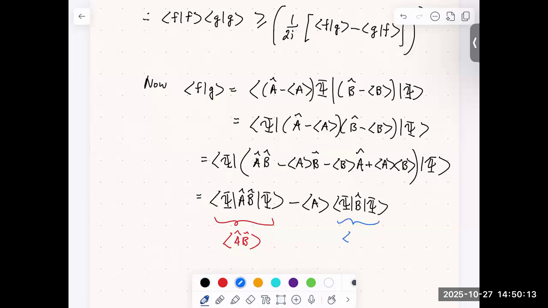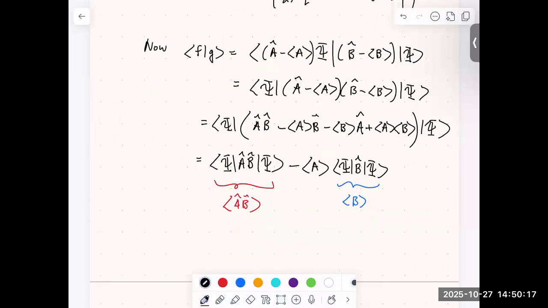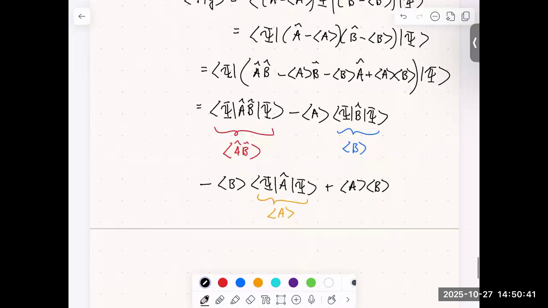But this is just the expectation value of B. All right. Then we have minus <B> <psi|A hat|psi>. This is the expectation value of A. And then we have plus <A> expectation value, <B> expectation value.